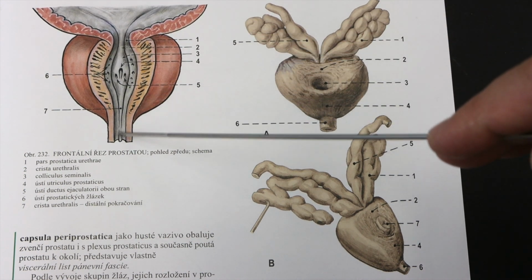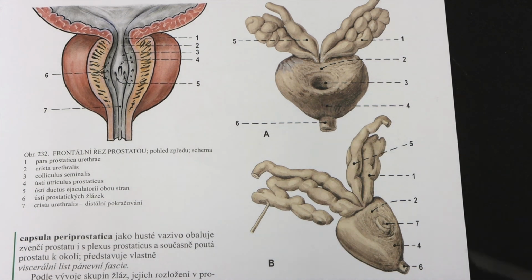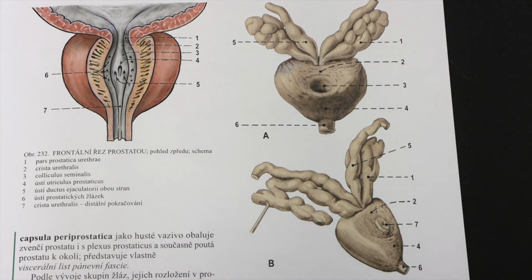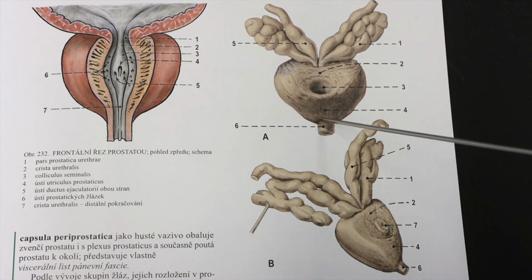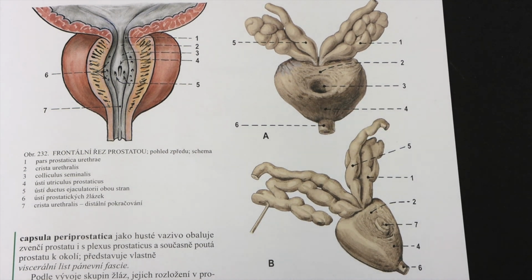Then the second part is called the apex of the prostate, which is directed anteriorly and inferiorly, and the tip of the apex reaches the urogenital diaphragm, which includes the transverse perineal muscle, the deep and superficial, and the external urethral muscle.